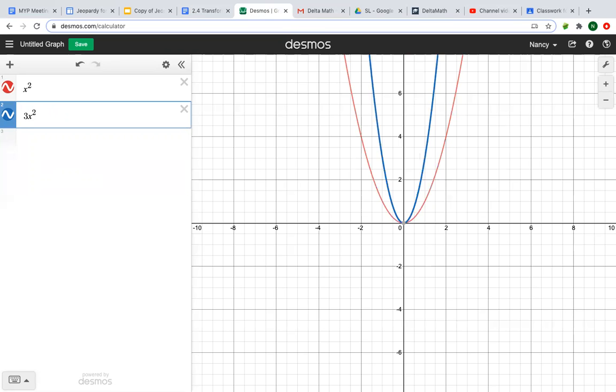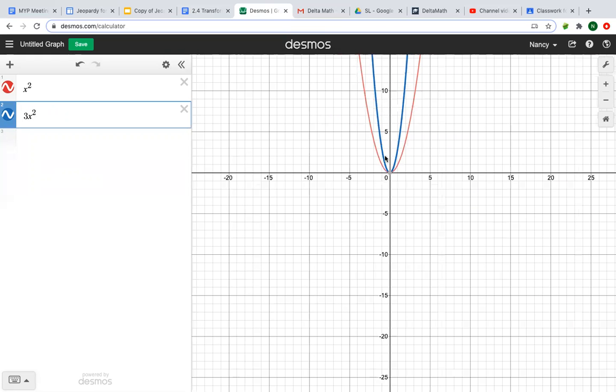One way to think of this is because it's a vertical stretch, imagine that this blue line is a rubber band, so instead of it being just an open parabola, it's 1/2 of a rubber band. If you continue to stretch it in the vertical direction, up and down, these two sides of the rubber band will get closer together.